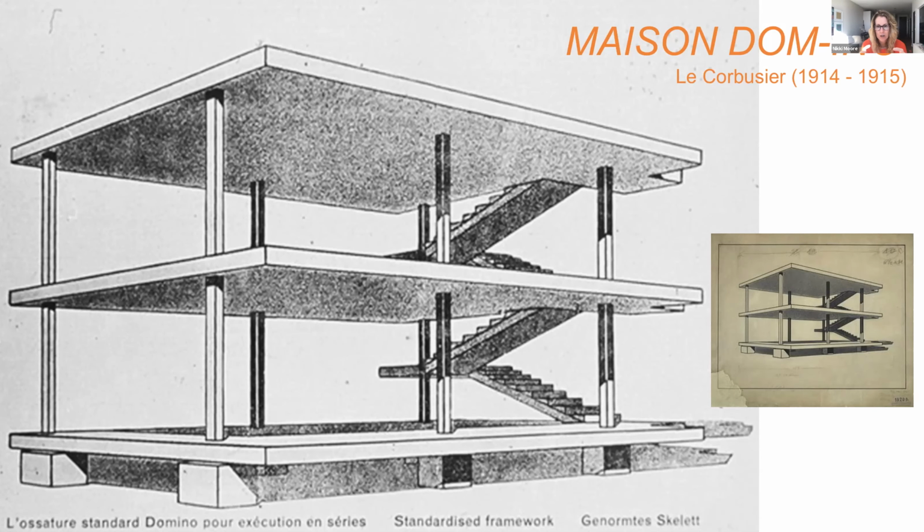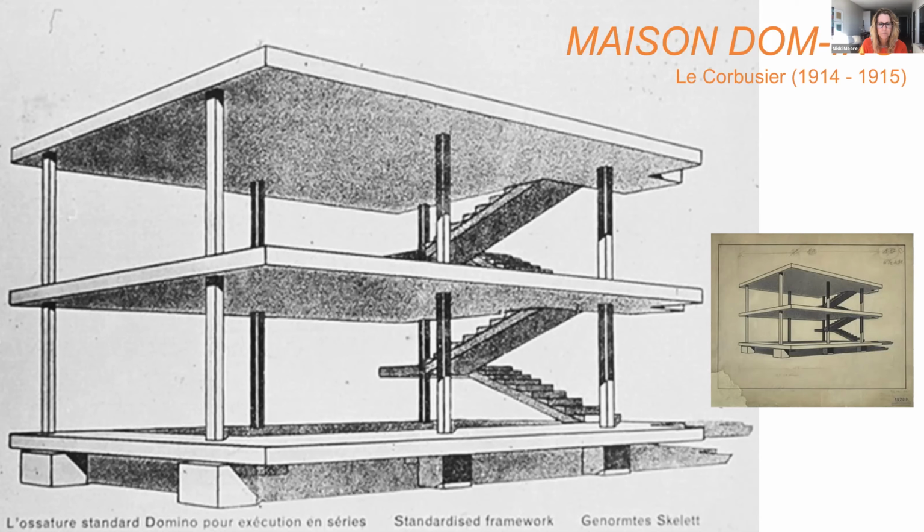And this Domino House prototype creates a kind of skeleton for a building where everything structural happens within these set of features. And then anything else that happens is just candy or cake in addition to that structural action.